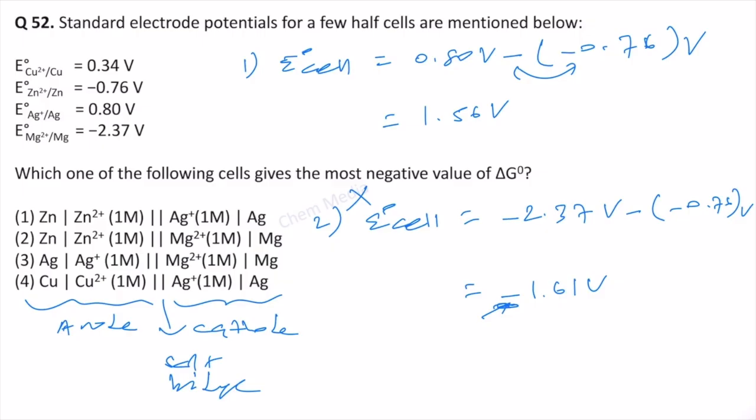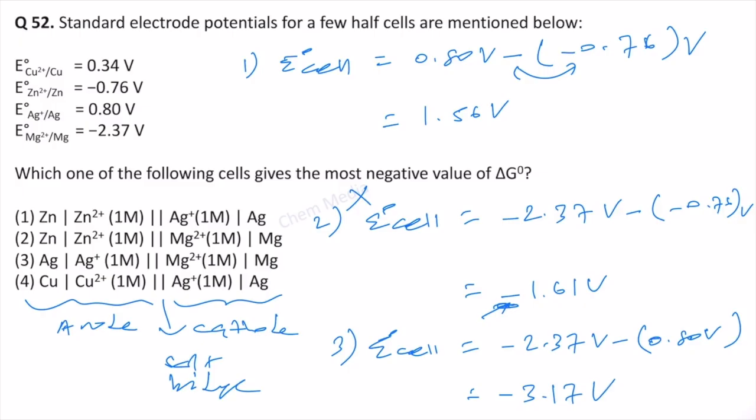So it is non-spontaneous. And then number 3, E cell standard is equal to cathode minus anode. So once again minus 2.37 volt minus 0.80 volt. Therefore this will be equal to minus 3.17 volt. And then for number 4 it would be E cell standard equal to cathode minus anode.